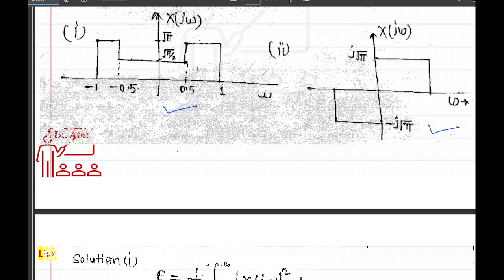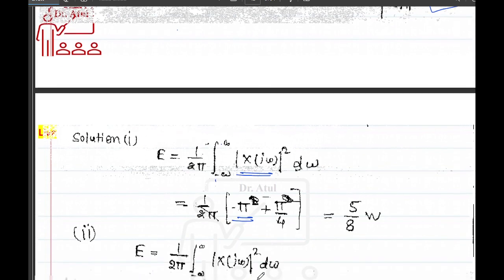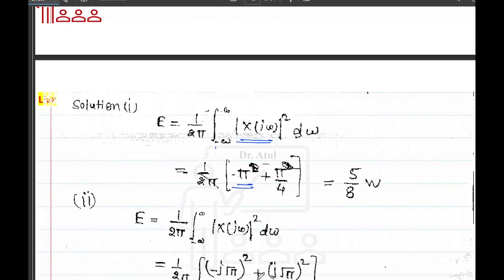Root over pi squared becomes pi. Why minus, which is coming? Minus will not come here, it should be positive. It will be pi and it will be pi by 4.